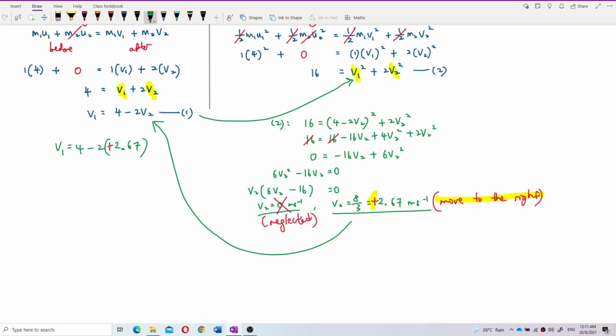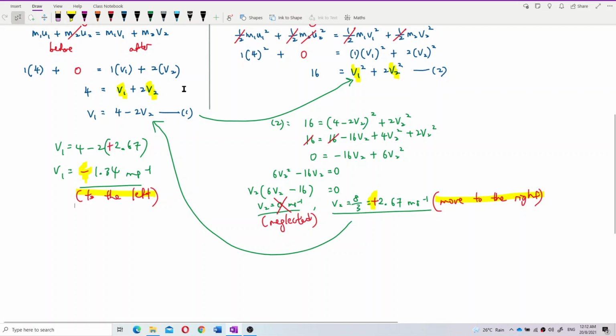The answer is V1 is negative 1.34 meter per second. What is meant by the negative sign here? It means it moved to the left. Ball 1 moved to the left after collision. I must write the direction.